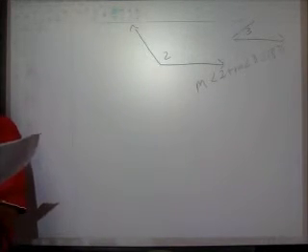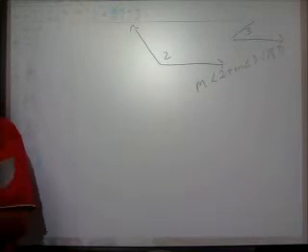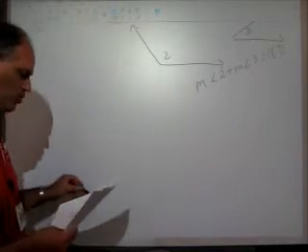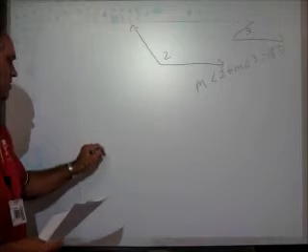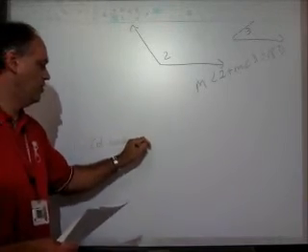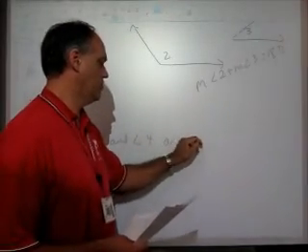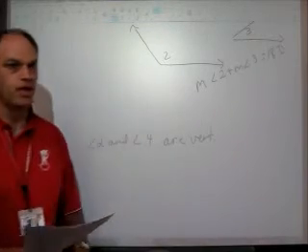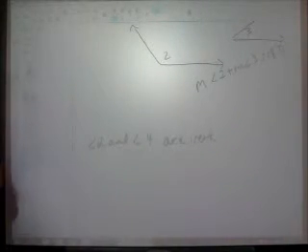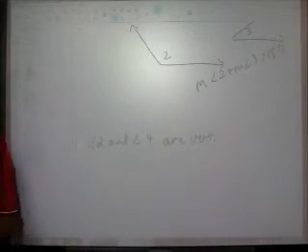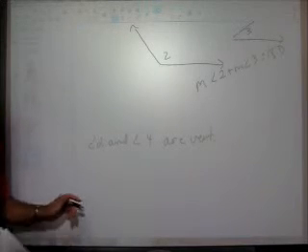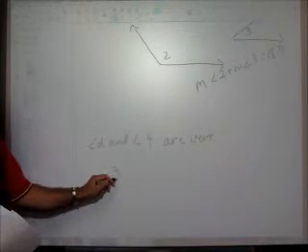6x plus 2 plus 8x minus 14 equals... Sorry. If angle 2 and angle 4 are vertical, that means in our minds we need to say what? Angle 2 and angle 4 equal each other.